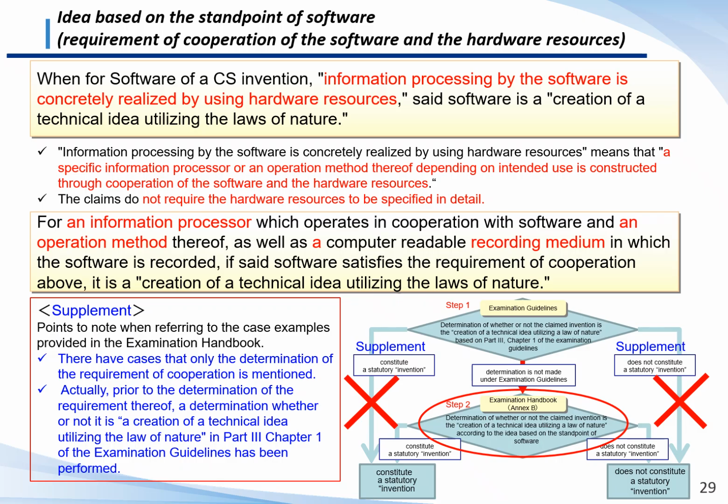Information processing by the software is concretely realized by using hardware resources means that a specific information processor or an operation method thereof depending on intended use is constructed through cooperation of the software and the hardware resources. Note that the claims do not require the hardware resources to be specified in detail.